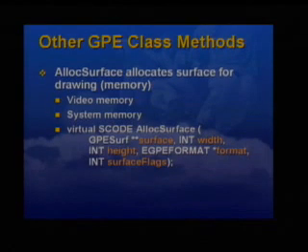Why would you want to give it off-screen video memory? Because if it's going to cache some things, video memory to video memory with hardware acceleration is much faster. So there are some reasons to actually say, okay, if you want more memory, I'm going to give you the off-screen video buffer. But it will call AllocSurface at least once to allocate the display itself.